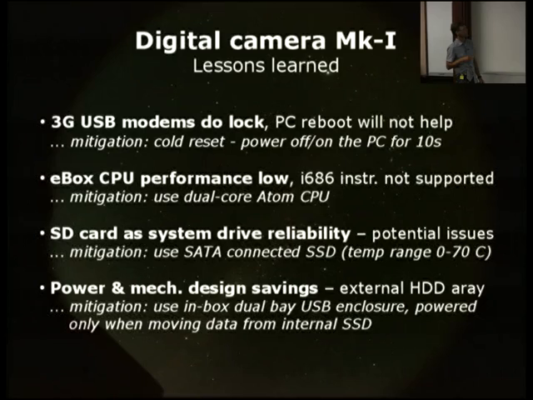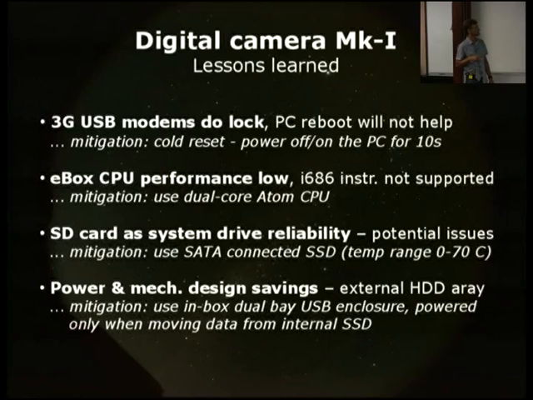With these Mark I cameras, we had a couple of issues that led us to modify the design. The 3G modems are basically consumables, so they keep locking, so we need to cold reboot all the PCs to keep them running continuously.